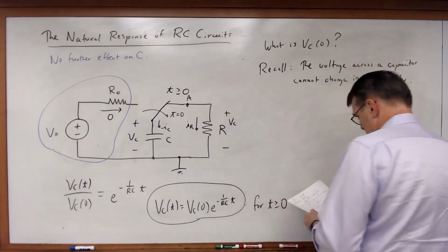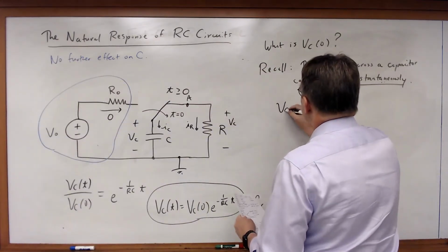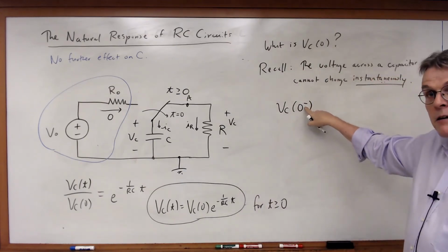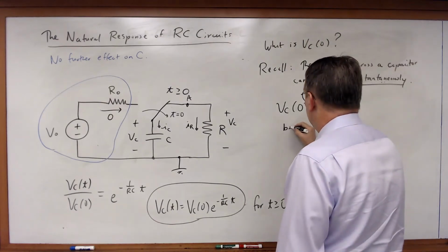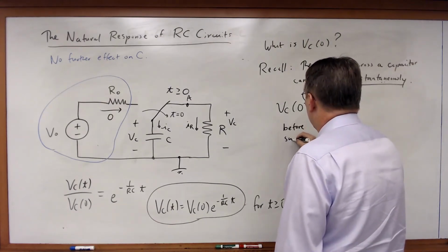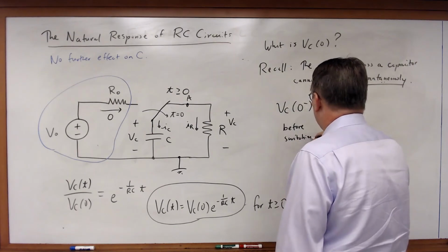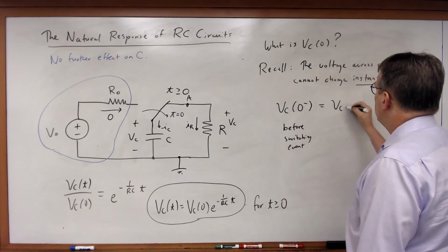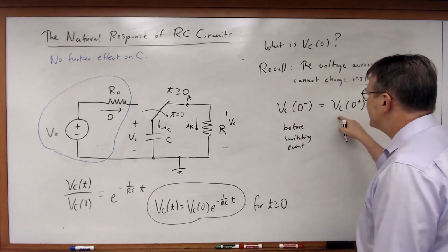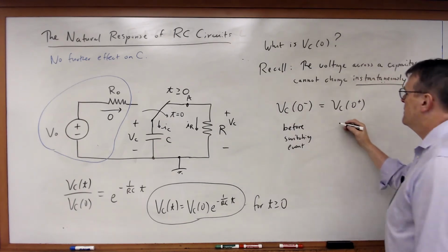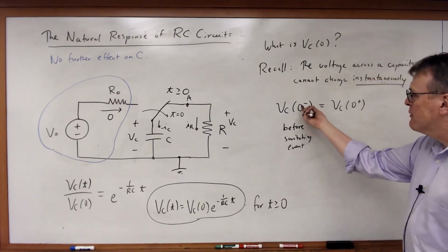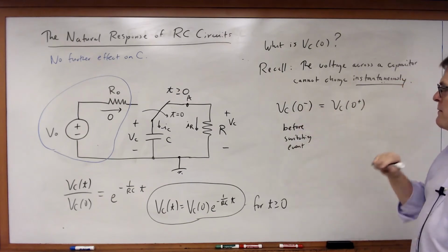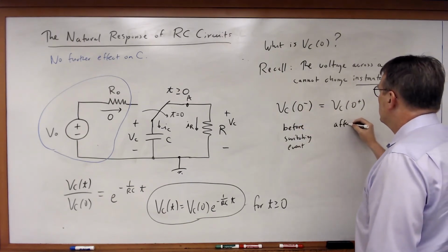So in other words, Vc at 0 minus, just before the switching event, has to be equal to Vc at 0 plus, just after the switching event. So if I basically reduce this to an infinitesimally small amount of time just before and just after the switching event, those voltages will be the same.